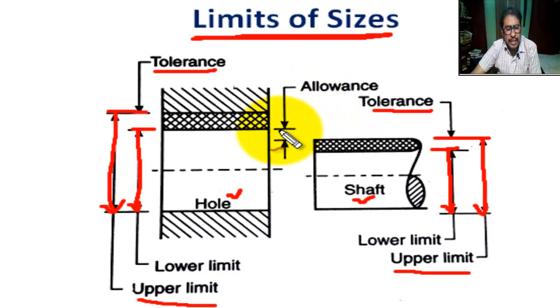Allowance. Allowance is the difference between the lower limit of hole and the higher limit of the shaft. This is allowance.